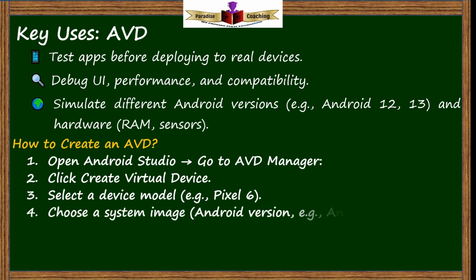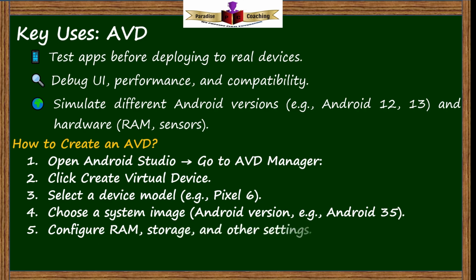Choose a system image, Android version, example, Android 35. 5. Configure RAM, storage, and other settings. 6. Click Finish.